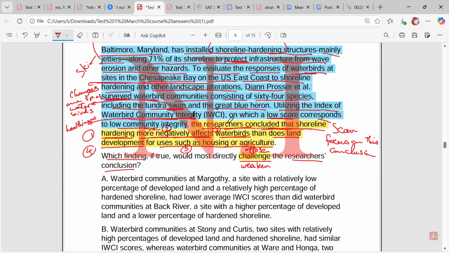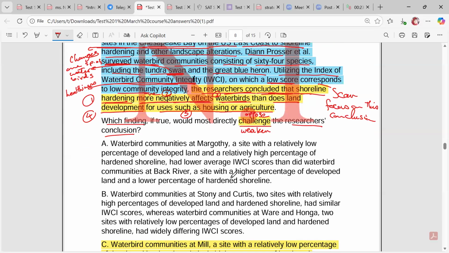Now I want to oppose it. What does that mean? I must find the finding that says no, the shore hardening structures are not negatively affecting water birds. So where is the answer with the same meaning?